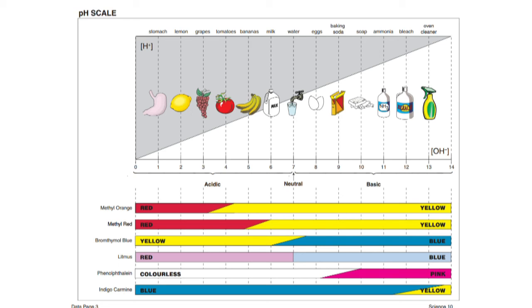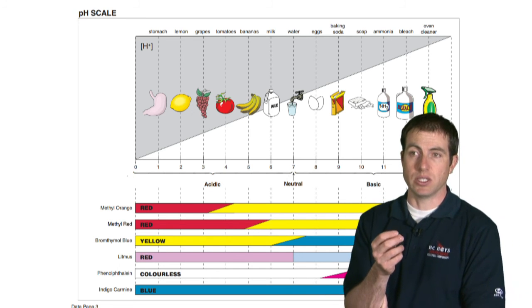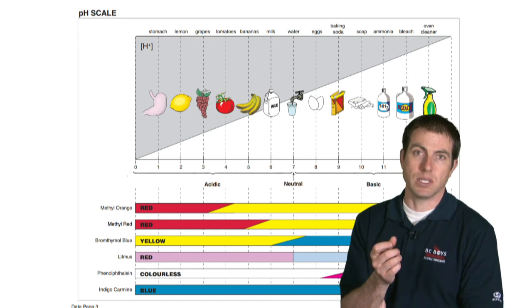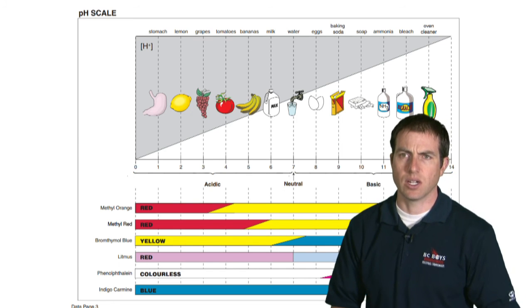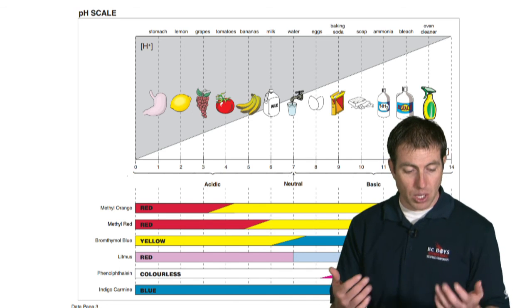Even soap is a 10 on the pH scale, and you imagine that soap is very slippery. Same with ammonia, bleach, oven cleaner. These things are very slippery, and bases are slippery, which makes them good cleaners because they can take off stuff that's stuck on there. Down at the bottom you have all your indicators.